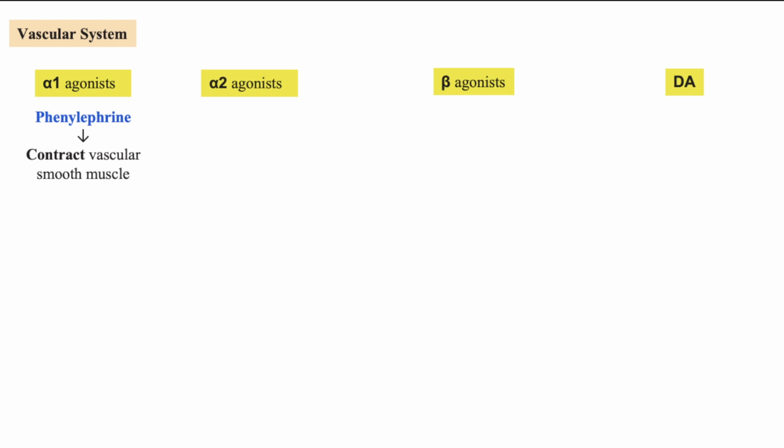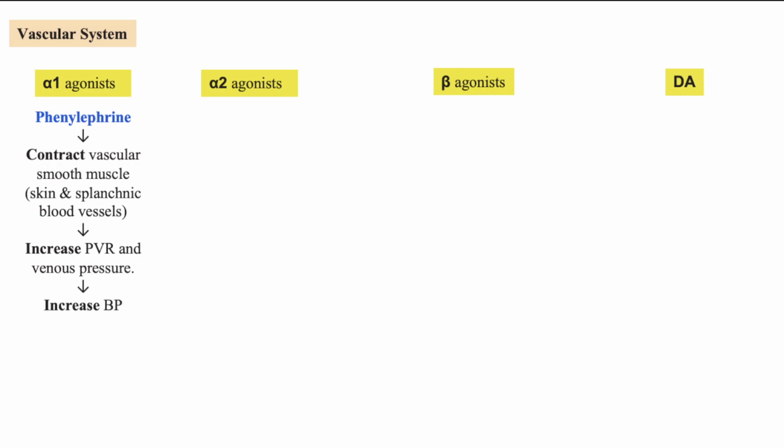Phenylephrine activates the alpha 1 receptor, leading to contraction of the vascular smooth muscles, especially in the skin and splanchnic blood vessels, leading to an increase in the peripheral vascular resistance and the venous pressure, leading to an increase in blood pressure. So these drugs should not be given in hypertensive individuals. Apart from that, the increase in BP will lead to compensatory reflex bradycardia by the vagal activity.